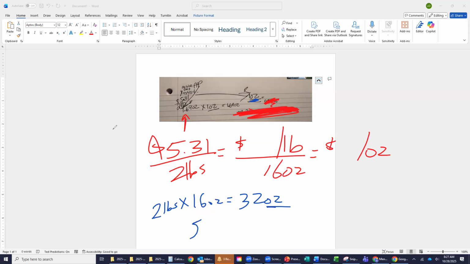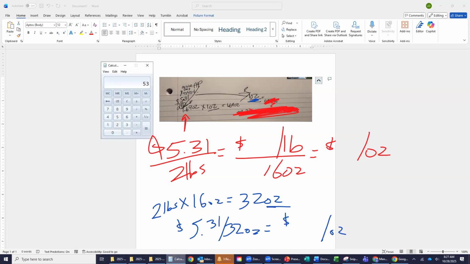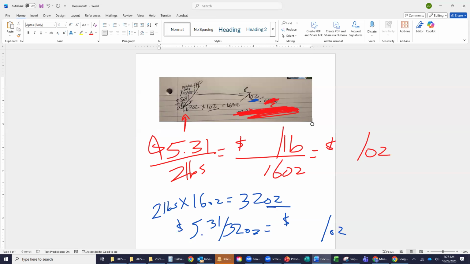And then $5.31 divided by 32 ounces will automatically give me the cost per ounce. Okay. And so $5.31 divided by 32 is 17 cents per ounce.